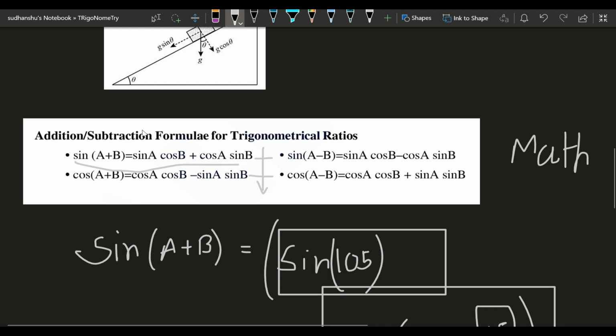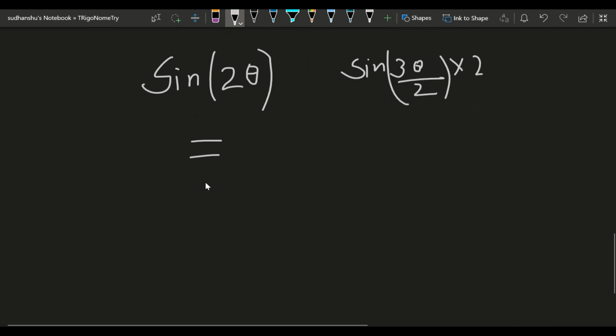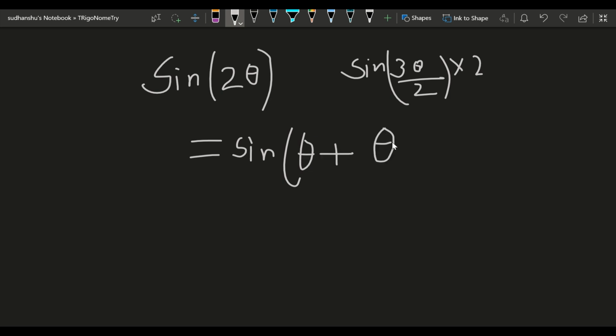So if you put theta in place of A and B here, because it's sine 2 theta, so theta plus theta, we can write it like this: sine of theta plus theta.